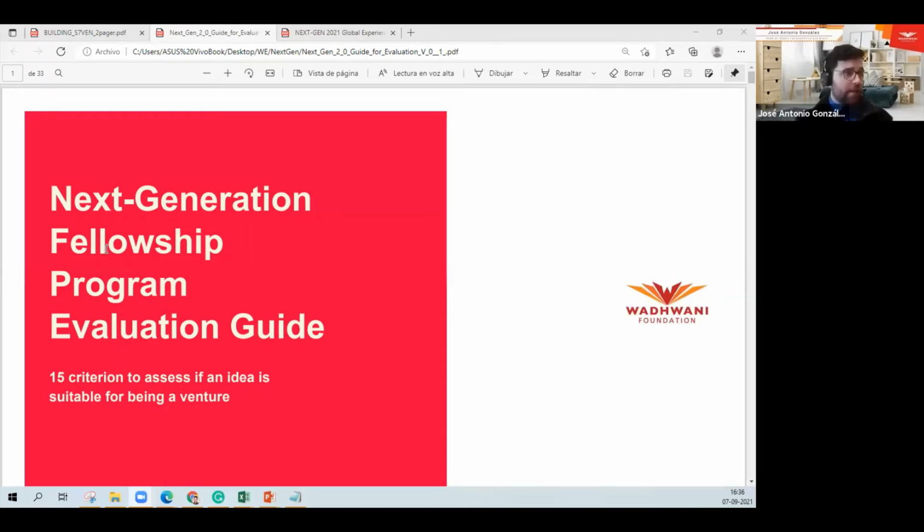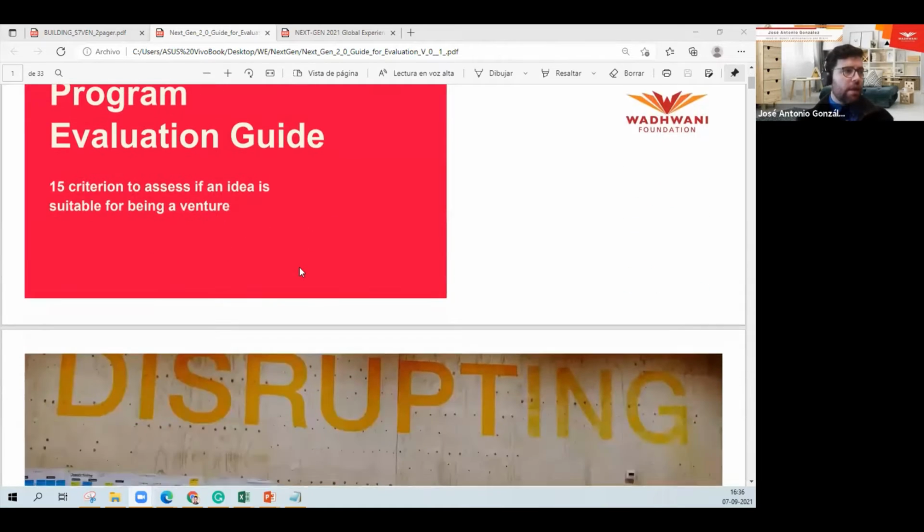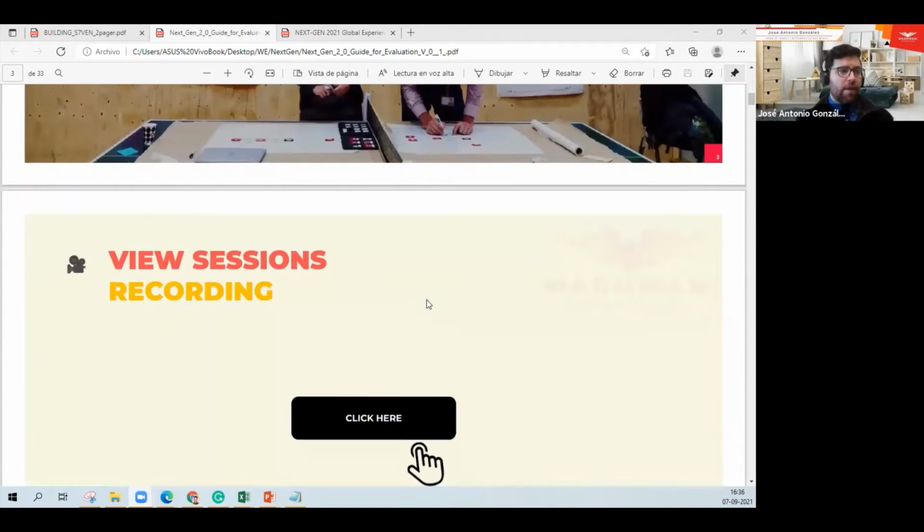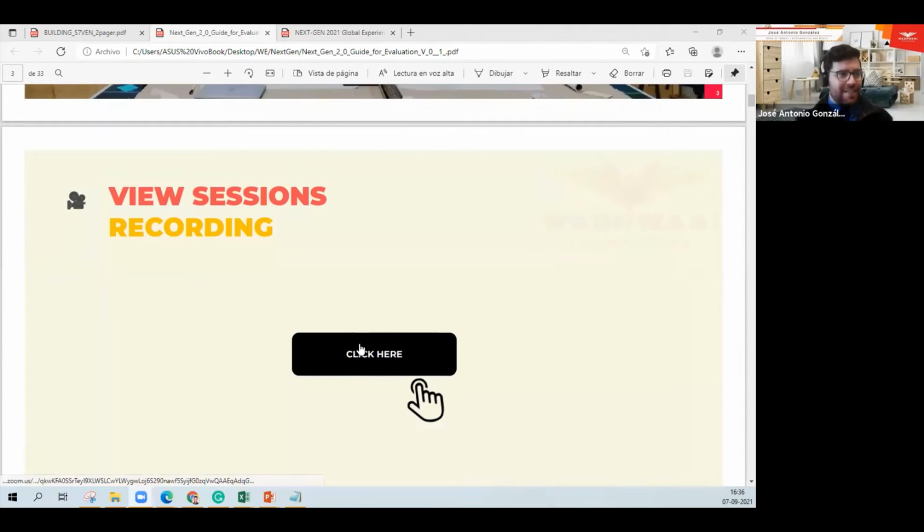The second resource that we have is the evaluation guide that includes the rubric. For this evaluation guide, we have a document as well that I'll be sharing that explains the context and all, and includes the classes, the sessions that the students went through to finish this program to create the two-pager that you're going to be evaluating.